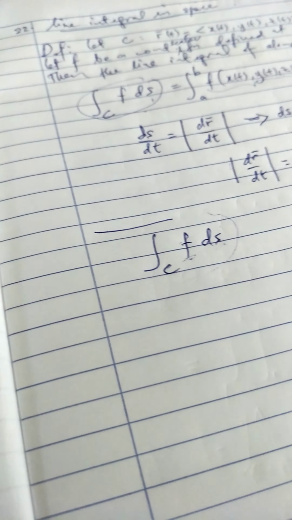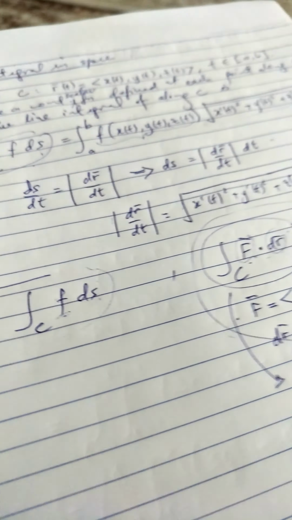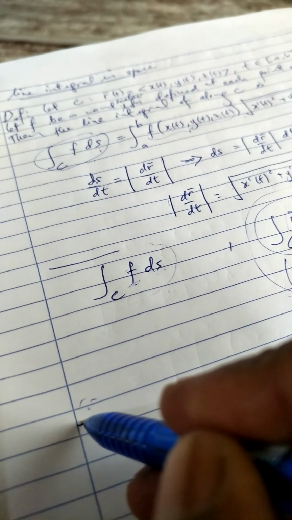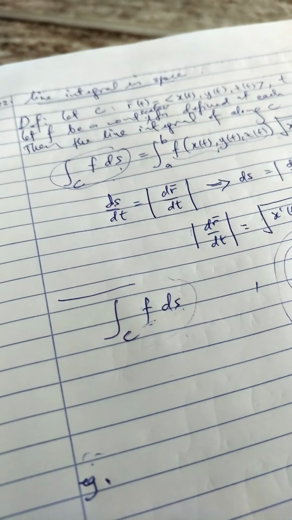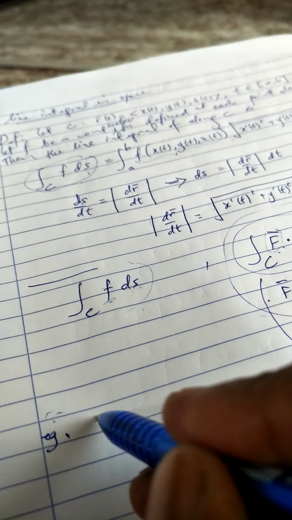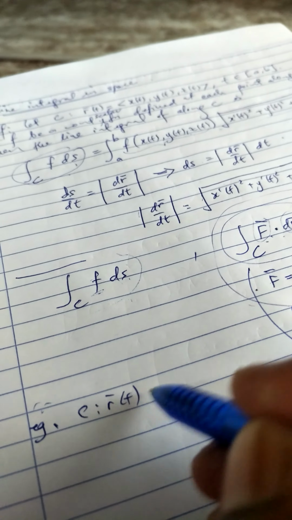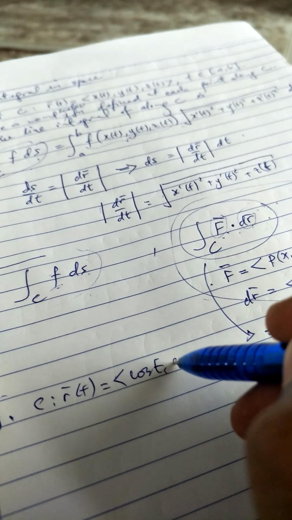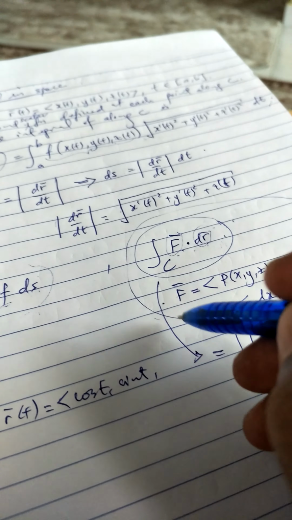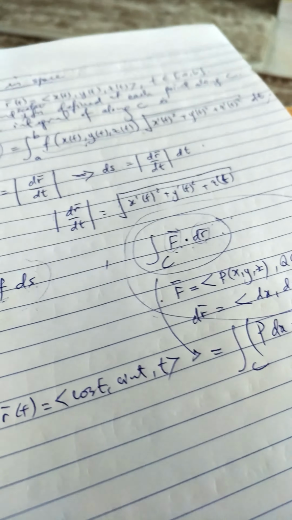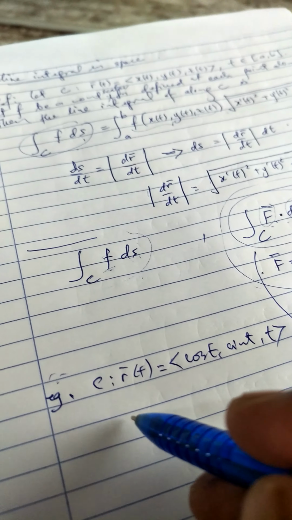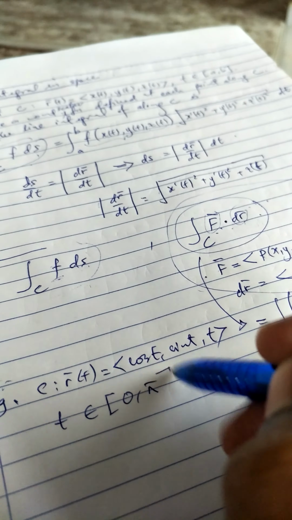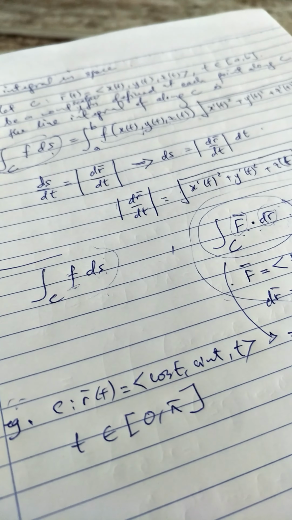Now, let me give you a simple example on how we can use this. Example: let's say our C is given as r(t) equals cos t, sin t, and t, where t belongs to 0 to pi.